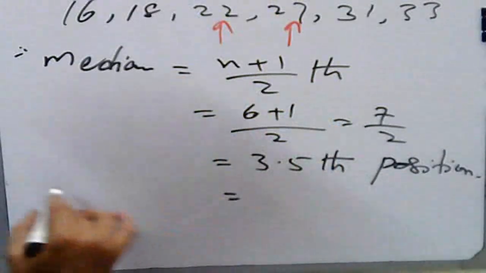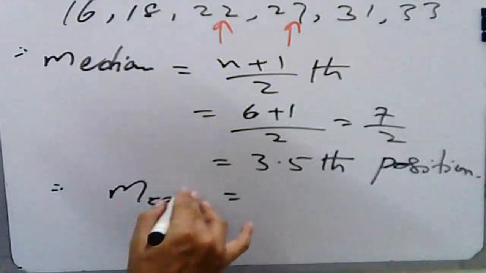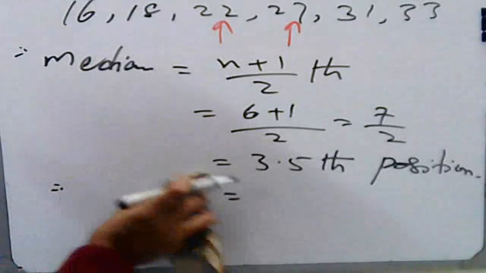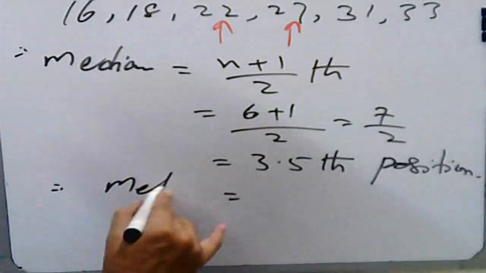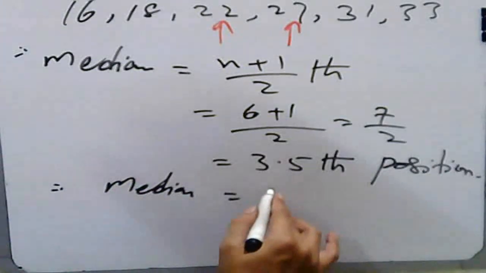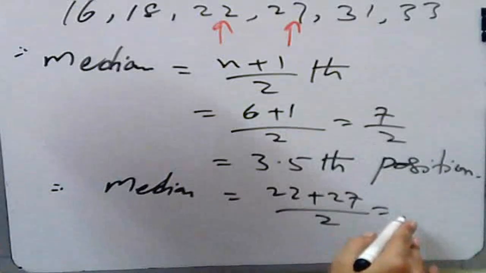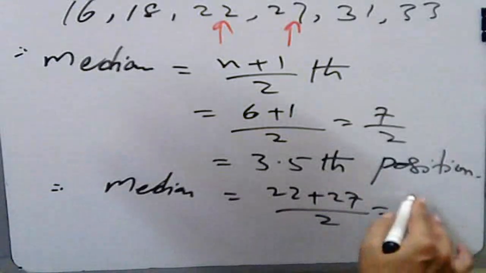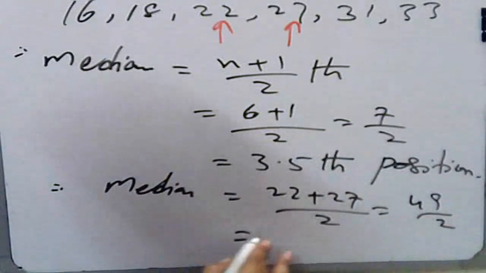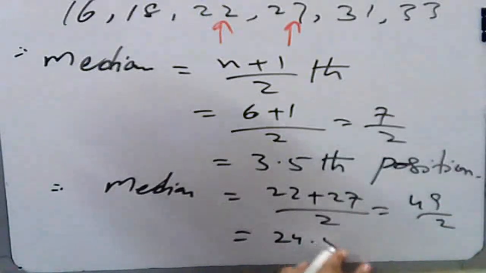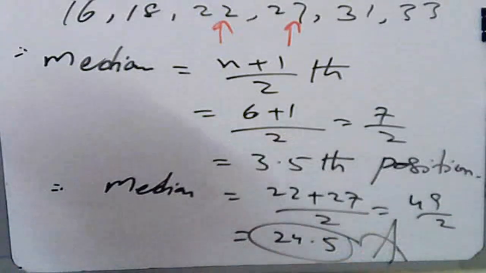Therefore the median is the third term 22 plus 27 divided by 2. So you will get 49 by 2, so 24.5 is your median. So that is your required result.